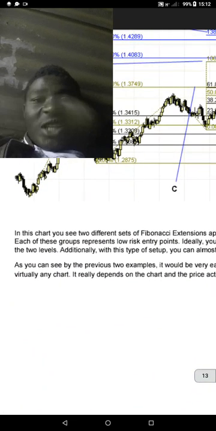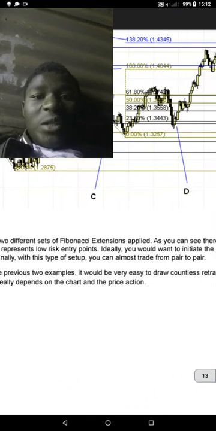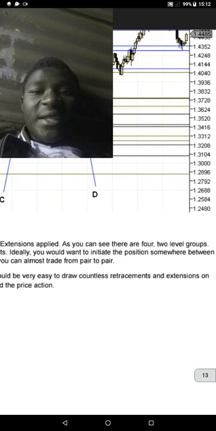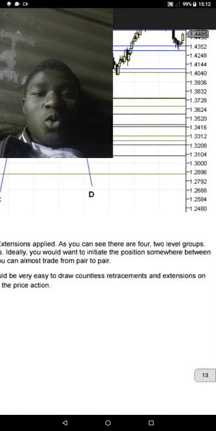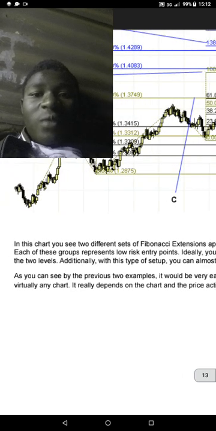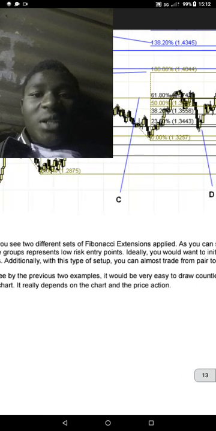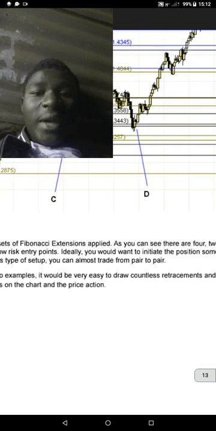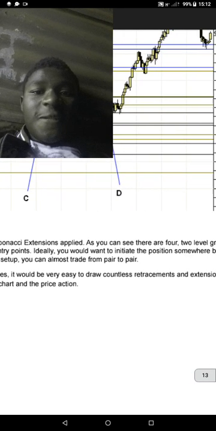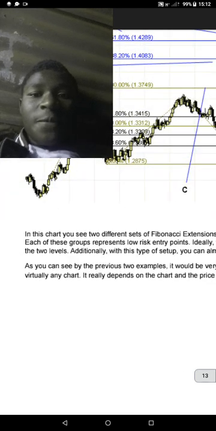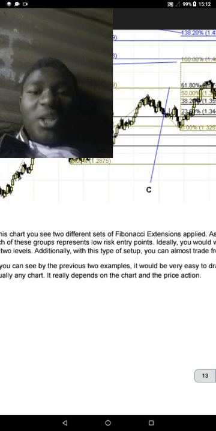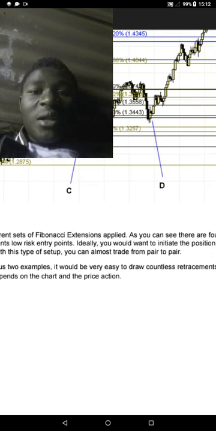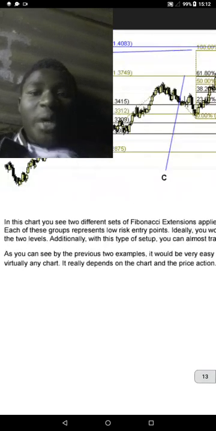In this chart, you see two different setups with Fibonacci extensions applied. As you can see, there are four two-level groups. Each group represents a low-risk entry point. Ideally, you would initiate the position somewhere between the two levels. Additionally, with this type of setup, you can almost trade from pair to pair, guys.